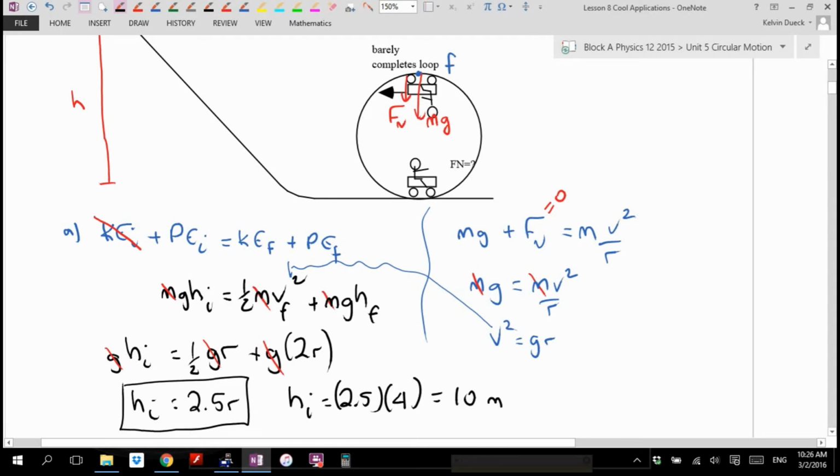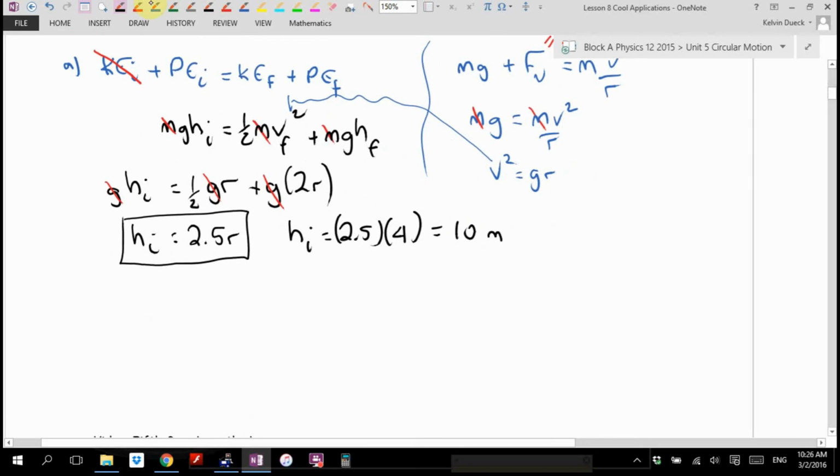The real issue is, at the bottom of this coaster, the normal force is quite extraordinary. Oh, and by the way, we're doing bare minimum. In real life, they would have a lot of extra velocity for safety. So in real life, the number that we're about to calculate for part B would be far larger if you built it this way. What does part B want me to find?